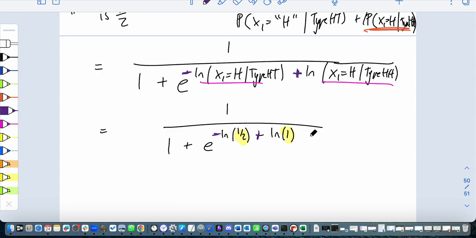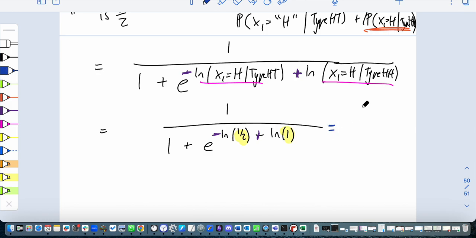So this is saying how unlikely is the thing that we saw to happen if you have the heads coin. And if we have the heads coin, seeing a heads doesn't give you any information. Of course it happens 100% of the time. The log of 100% is 0. So the log likelihood has no help.